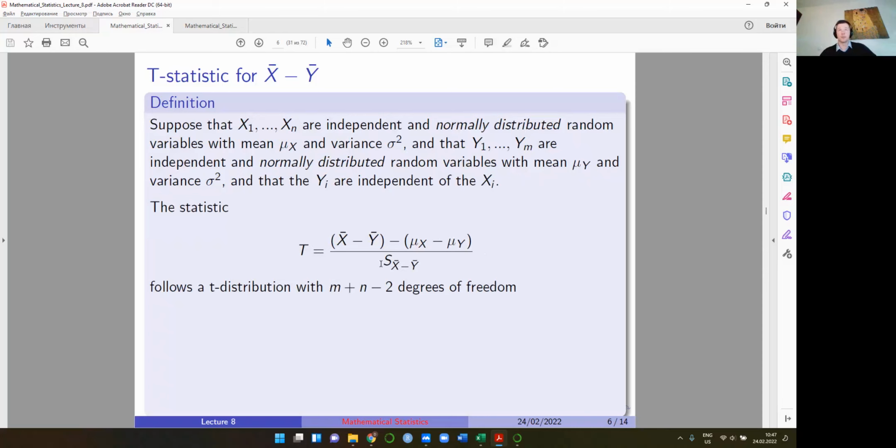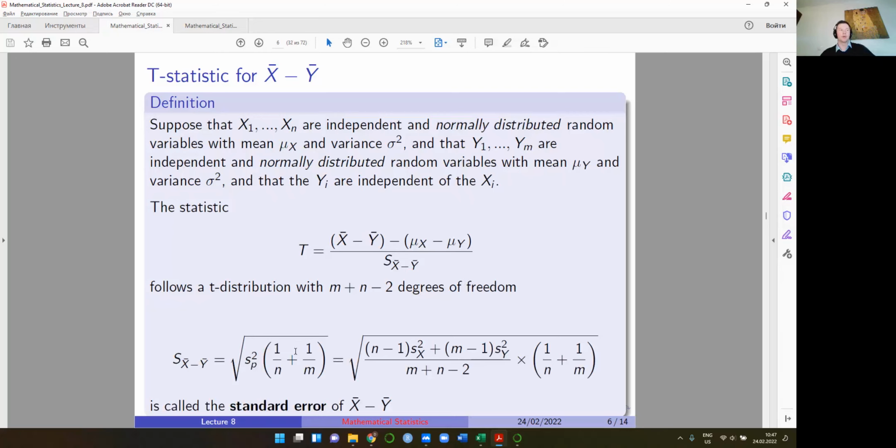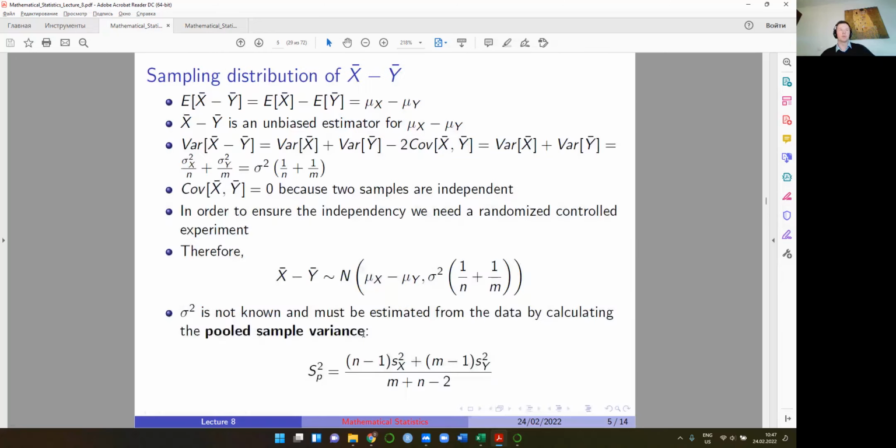It's very similar to the t statistic for the one sample test that we had in the previous lecture, but now you have a different estimator and a different population parameter. So what is the standard error of x bar minus y bar? It is the square root. Let me go back. We know that the variance is this, right?